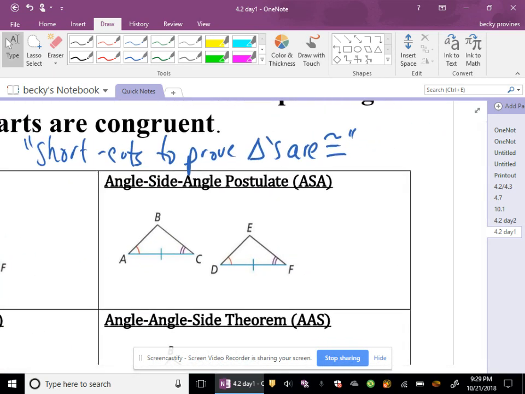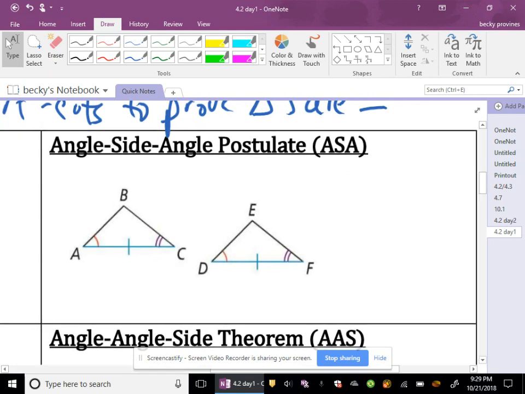Now, for the next one, this one's going to be called ASA for angle, side, angle. Now, here's how this works. Obviously, you have to have 2 angles. Now, the position of the side is very important. I want you to notice I have the 2 angles and I have the side that's directly in between them.